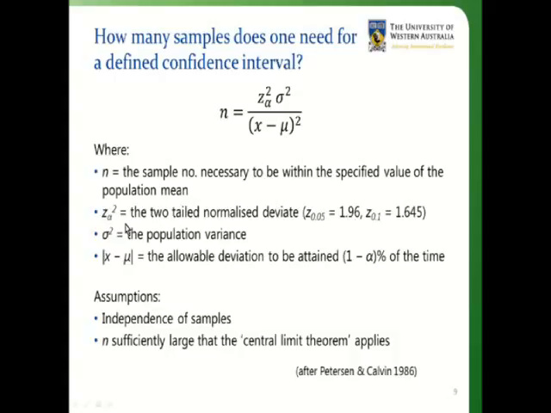And the population variance, which is something that we need to estimate because we don't always know it in advance, contributes to that as well. And the allowable deviation, x minus mu, in the vertical lines meaning the absolute value of that deviation, is something that we can put in as a single number.